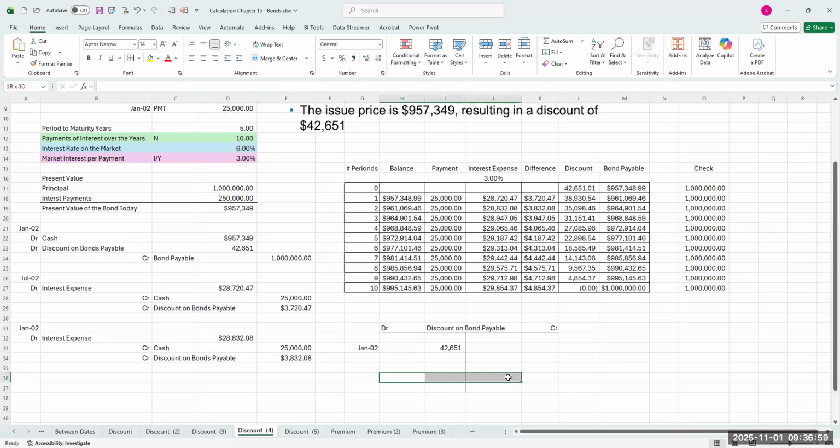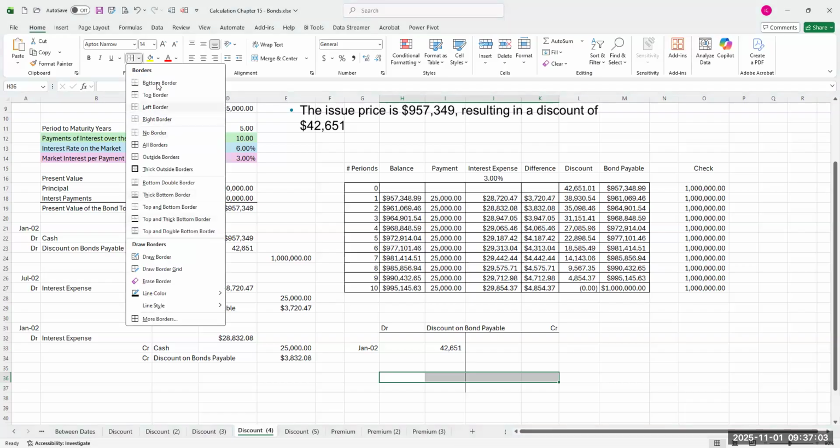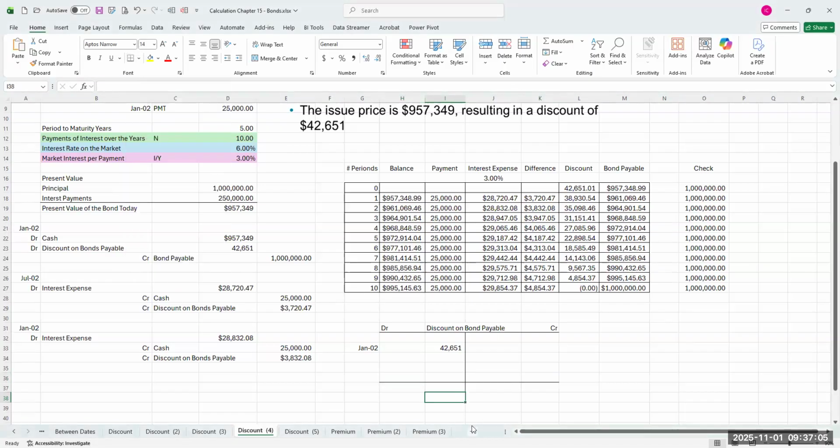And the only way I can bring this balance down to zero, that's my objective, this one to be zero one day, ending balance to be zero. The only way to bring a debit balance down to zero is to start plotting credits.